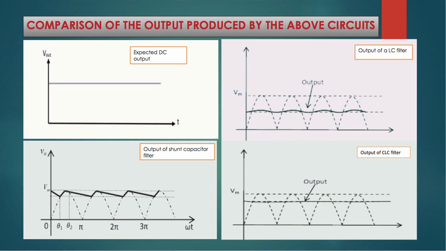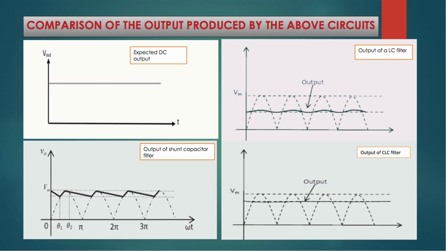So here is a comparison of the output produced by the above three filter circuits. In the first figure, it is the expected DC output we are expecting from the AC signal.